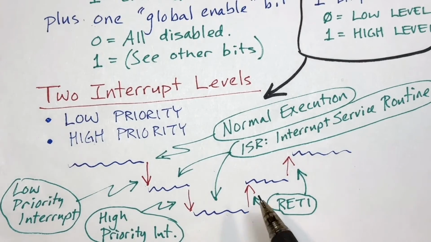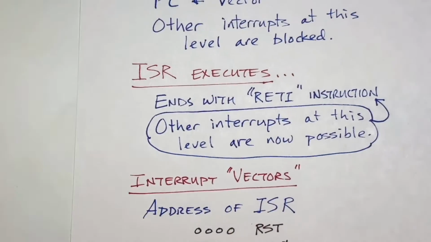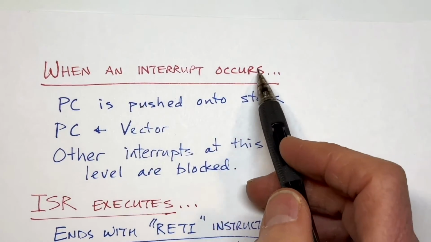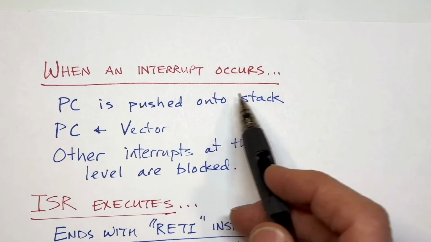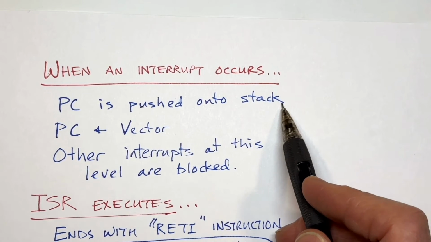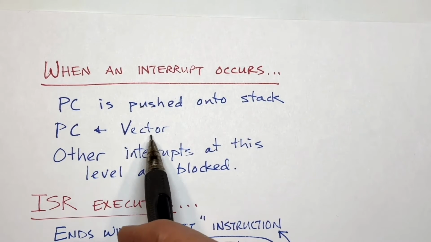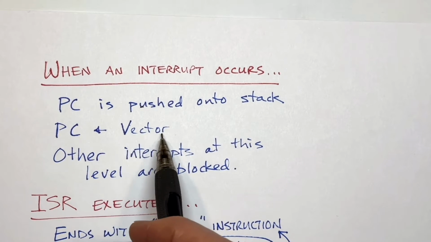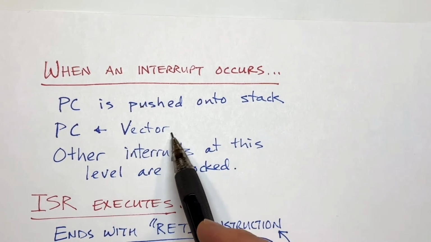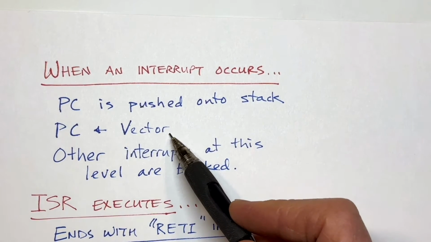So what happens when an interrupt actually happens? When an interrupt occurs, the current program counter is pushed onto the current stack, and then we load the program counter with what's called the vector. There is an interrupt vector for each particular interrupt source.